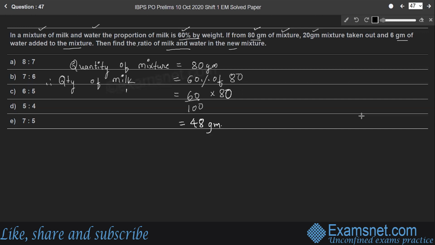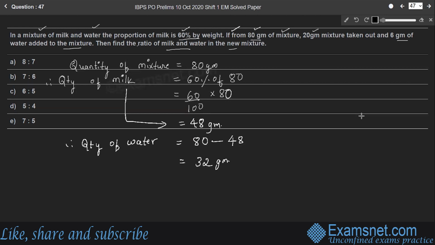So 48 gram is the quantity of milk. Therefore, quantity of water is 80 gram, the total mixture, minus quantity of milk, which is 32 grams, right?